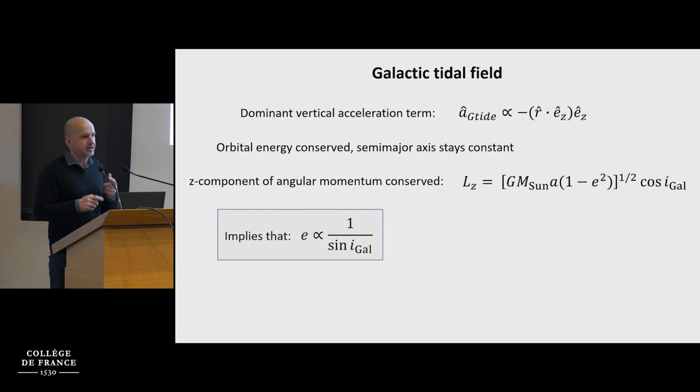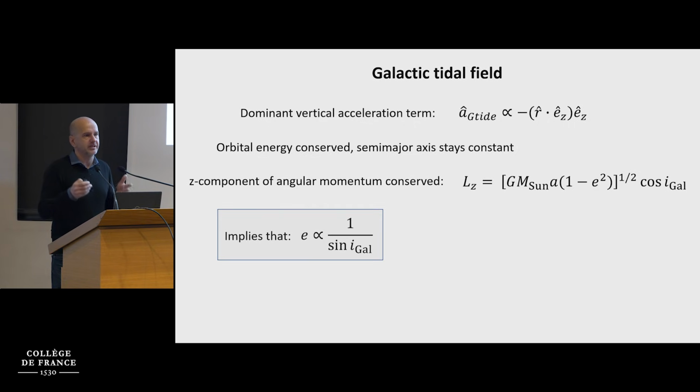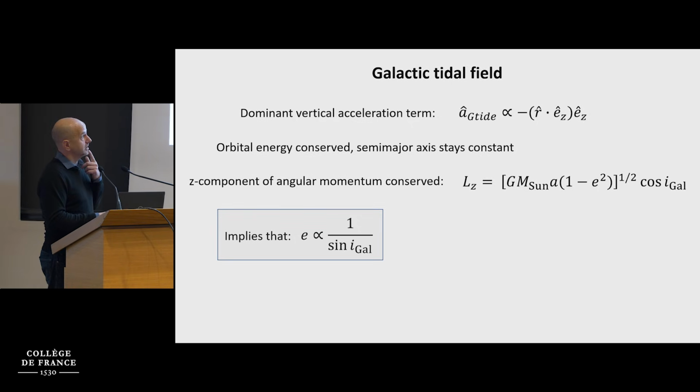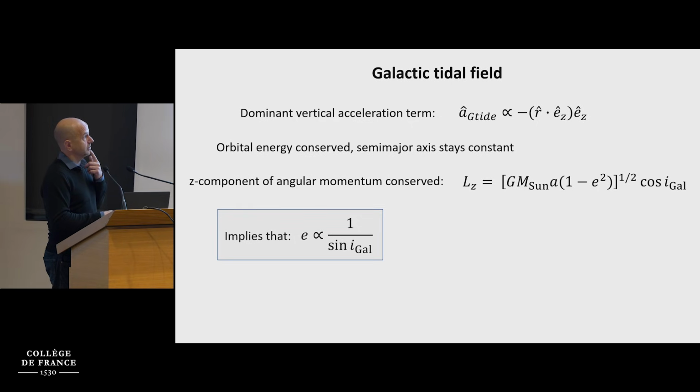The second thing: because of this toroidal symmetry, the fact that the galactic tide is a vertical force, it will preserve the z component of the orbital angular momentum of the comet, in galactic coordinates. It is written as a function of the orbital elements: semi-major axis, eccentricity.